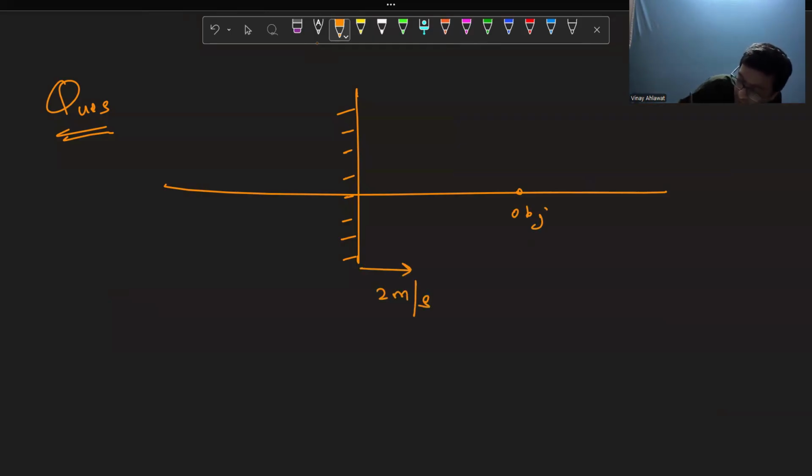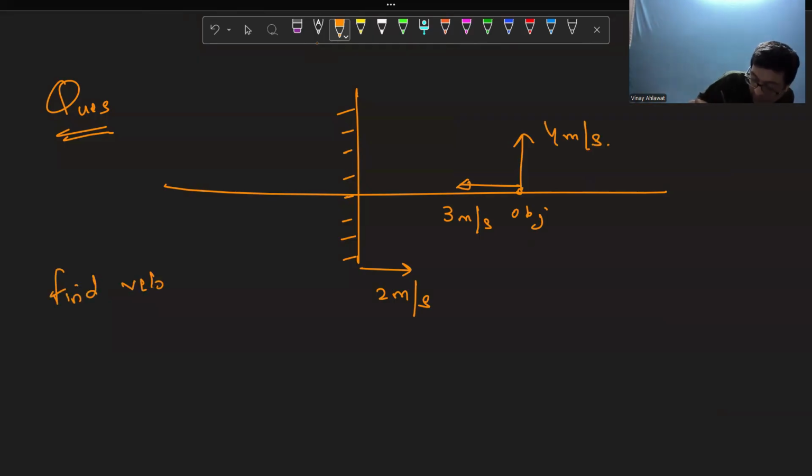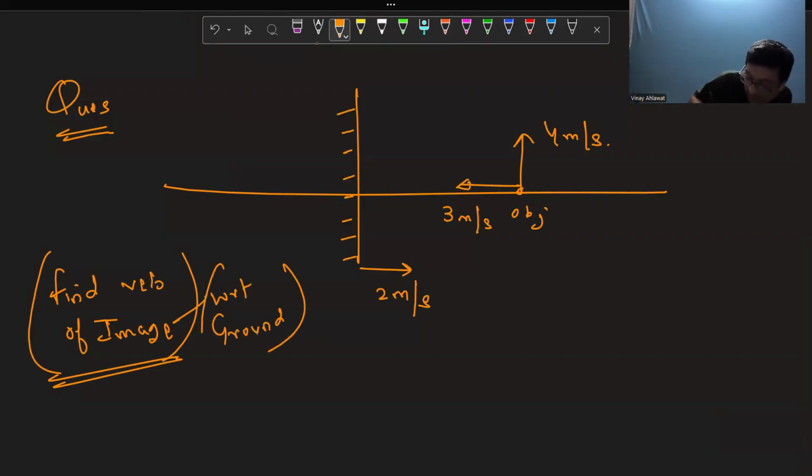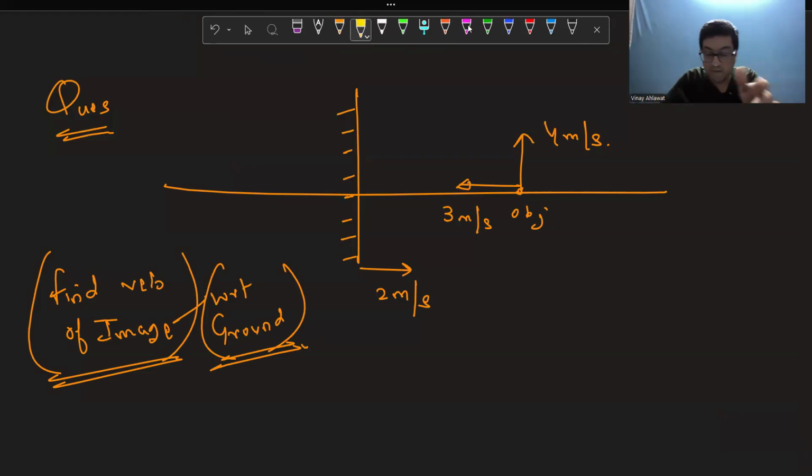The object is moving with 3 meter per second and 4 meter per second in this direction. Find velocity of image with respect to ground. That's the question.